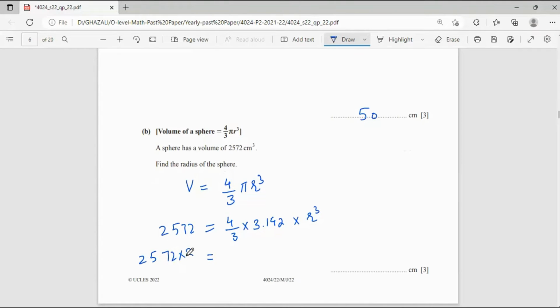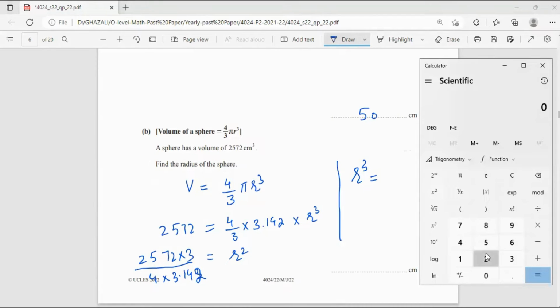We get 2572 multiplied by 3, divided by 4 and divided by 3.142, equal to r cubed. Calculating it, 2572 multiplied by 3 divided by 4 divided by 3.142, the answer is 613.94.